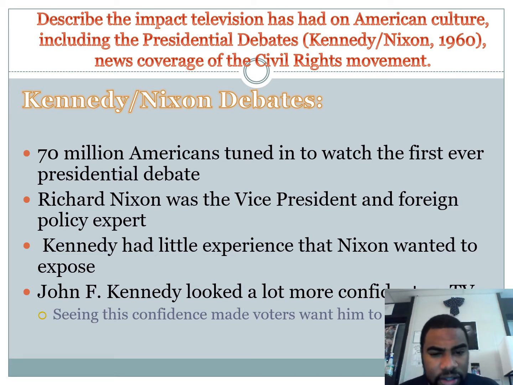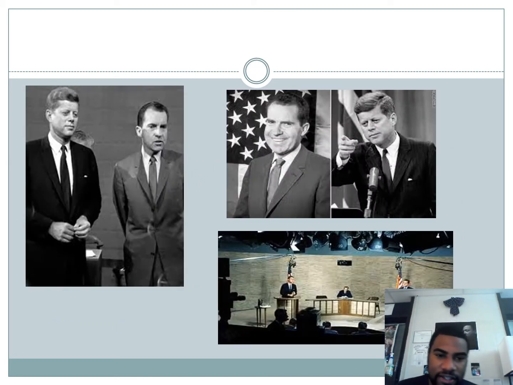John F. Kennedy looked a lot more confident on TV. Seeing this confidence made voters want him to be president. And I will speak more to you all and tell you a little nugget concerning that bit of history. All right, but moving on. This is a picture of John Kennedy and Richard Nixon.